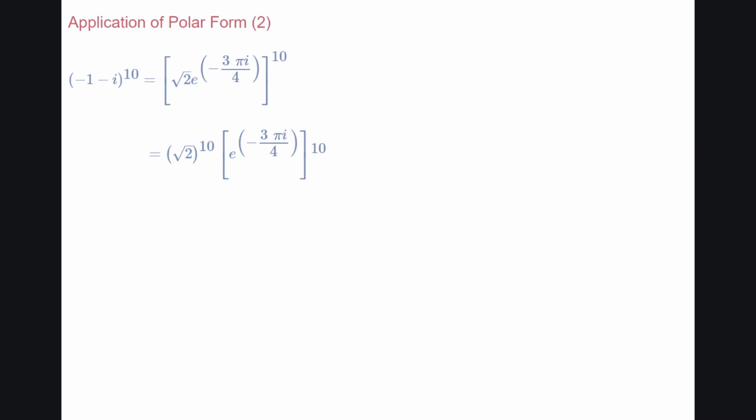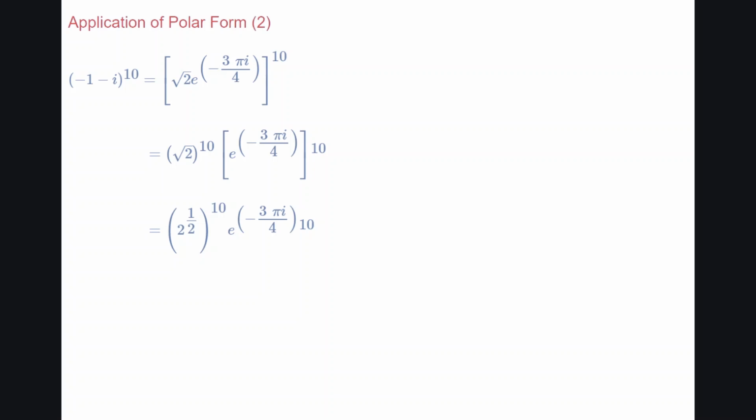Now we know that when you have two terms multiplied together in a bracket and the whole bracket raised to a power, you raise the terms individually to the power. So we raise the root 2 individually to the power of 10 and the e to the minus 3 pi i on 4 individually to the power of 10 as well.